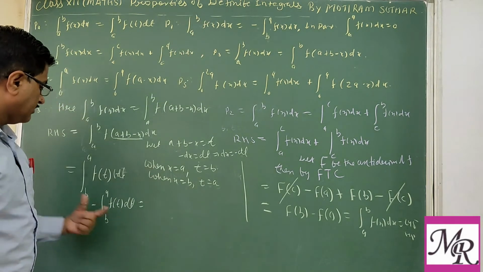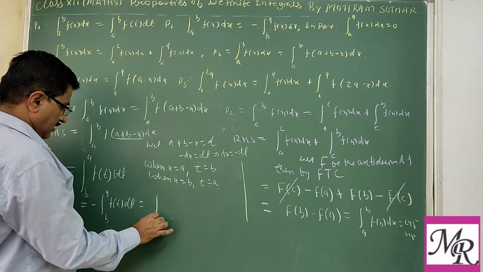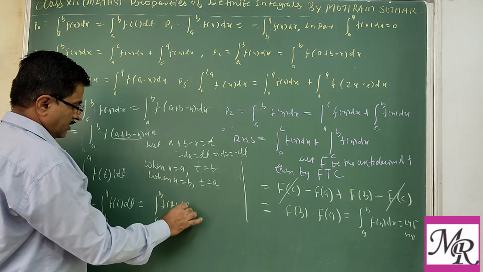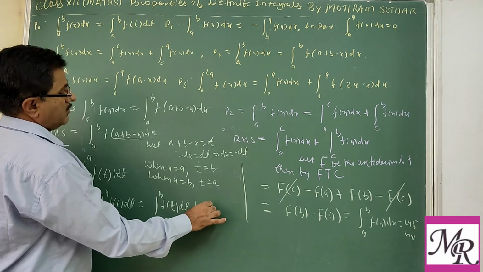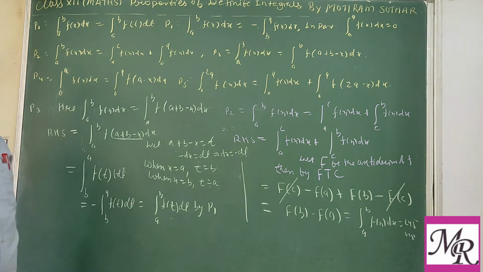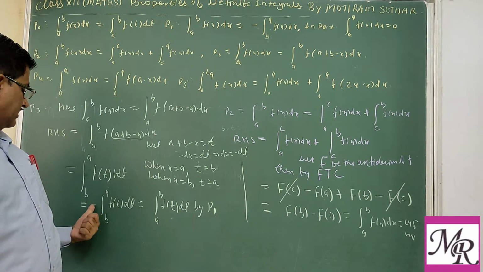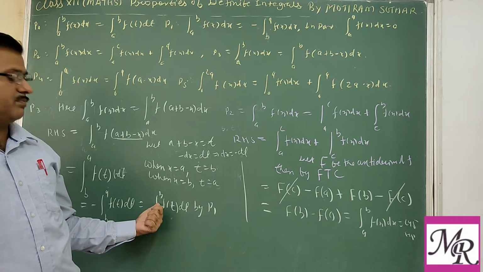Correct? So now this can be written as integral A to B f(t) dt by using P1. Using property first, this limit can be interchanged, then the sign will be minus minus plus.